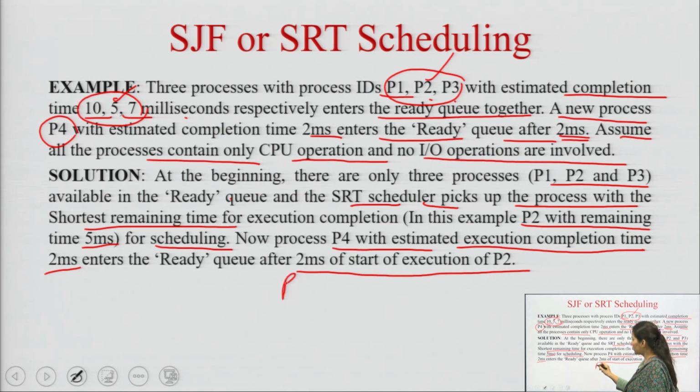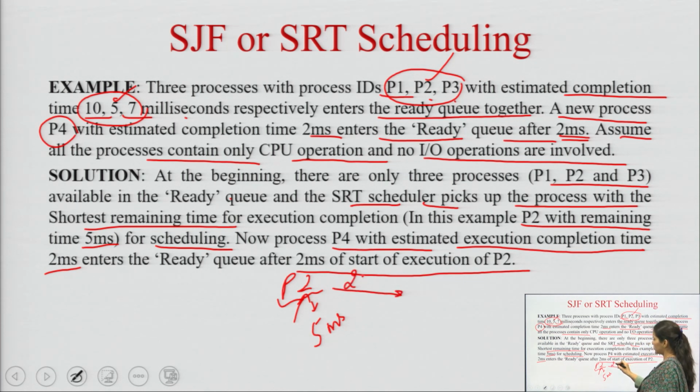So, what is happening? P2 started, the total execution time of P2 is 5 milliseconds. Now, after 2 milliseconds of execution, P4 enters with total estimated execution time 2 milliseconds.